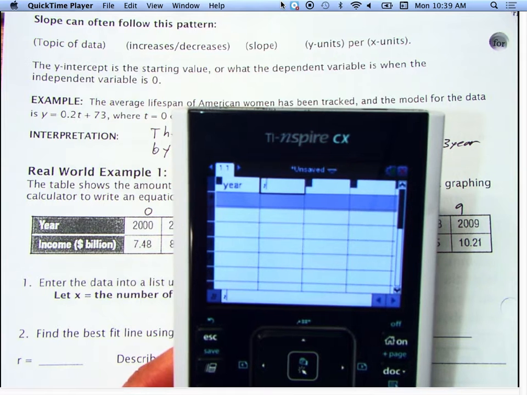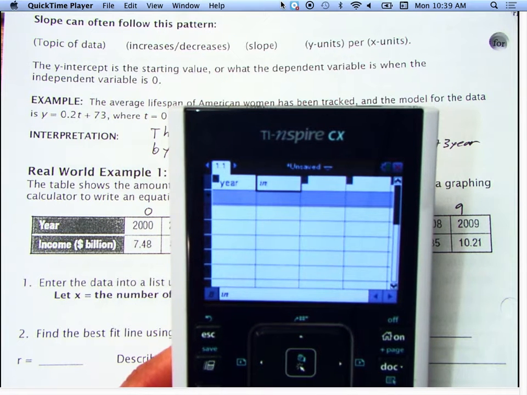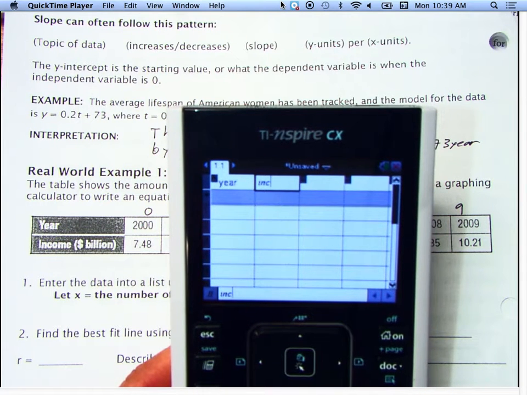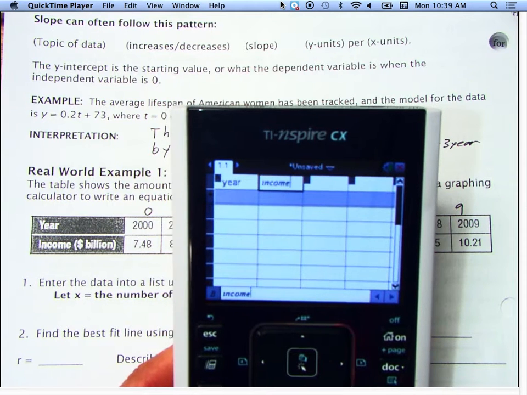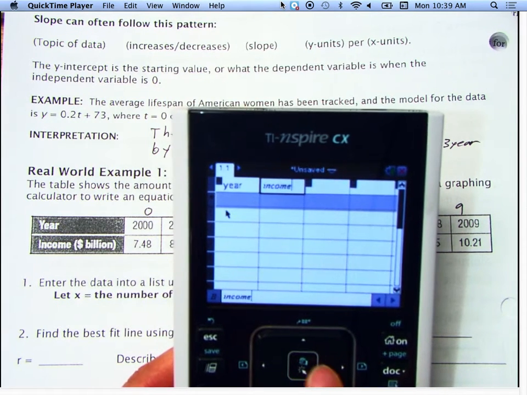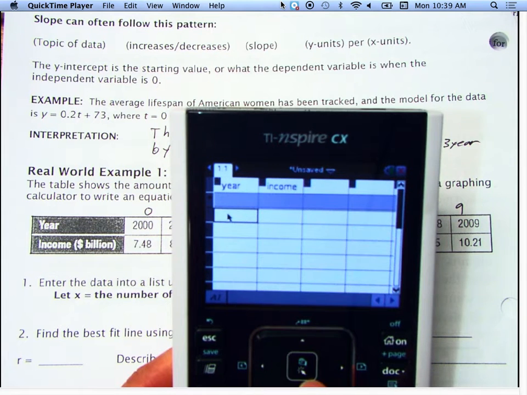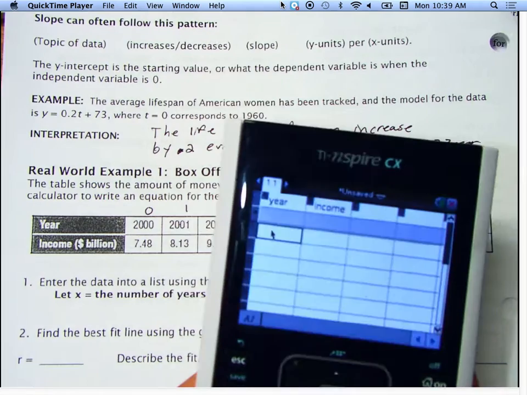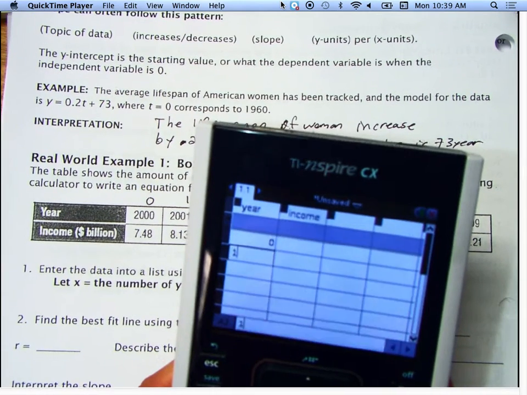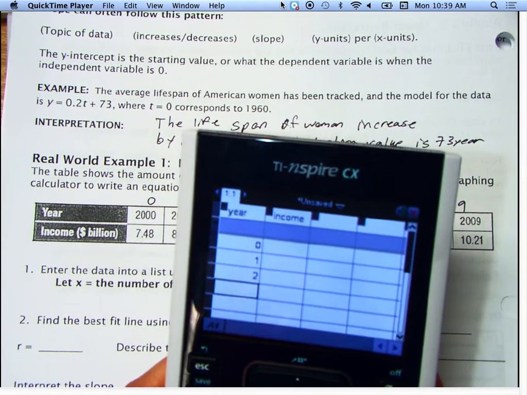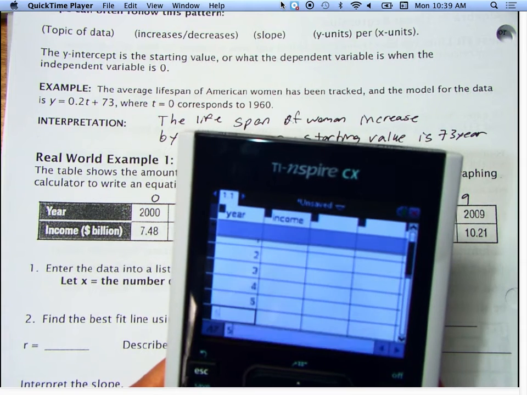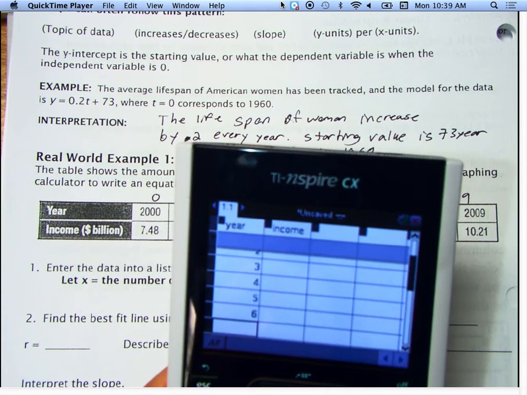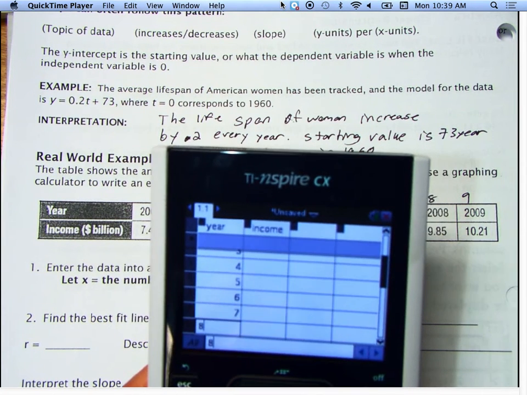I'm not going to put that on here, but we know. It's a little bit of a struggle to type it in, but we can do it. Okay? And then I'm going to move right down to 1 under year, and I'm going to put 0 to 9. So I'm going to hit 0, enter, 1, enter, 2, enter. Does that make sense? 3, enter, 4, enter, 5, enter, 6, enter, 7, enter, 8, enter, and 9, enter.